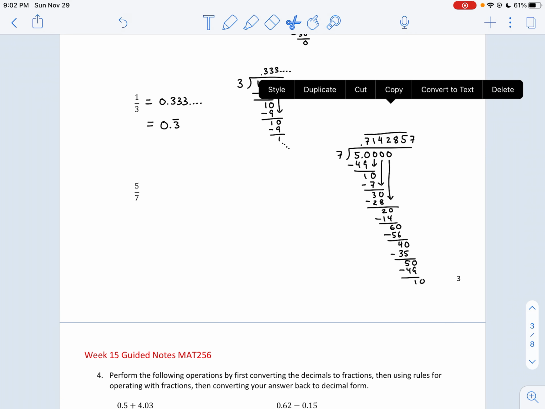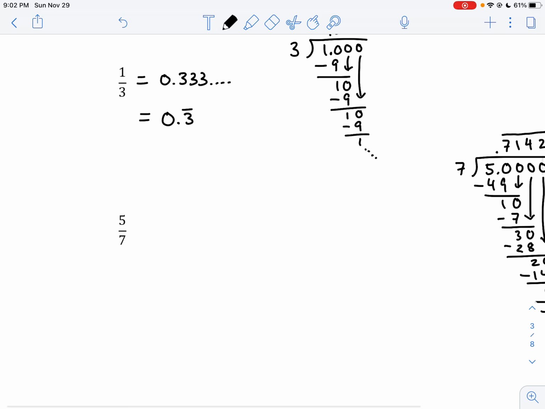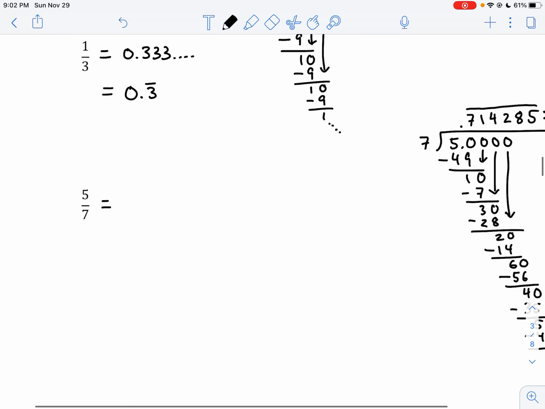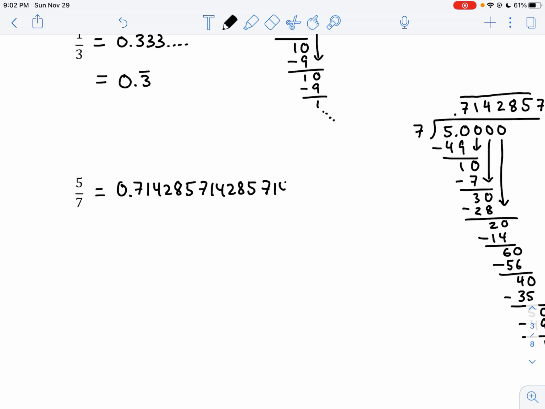And let me move my work a little bit so we have some space to fit this on one page. And so in decimal form, 5/7 in decimal form is 0.71428, and then that would just repeat 71428 forever.